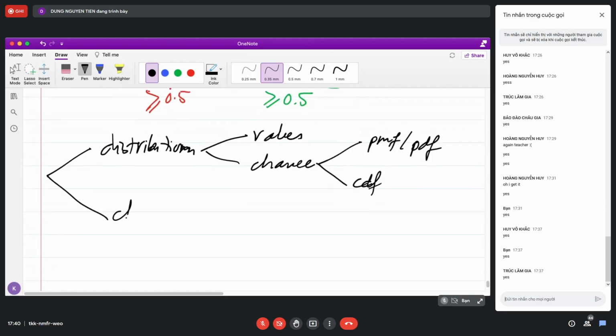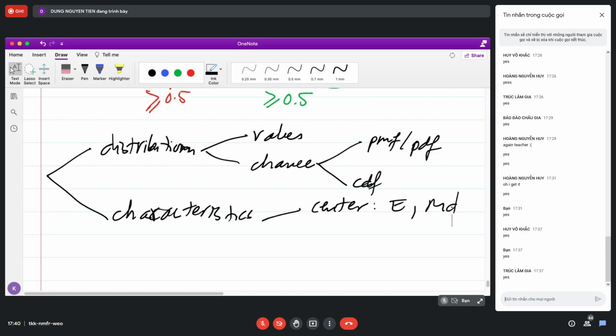And then you want to get some characteristics. For now, we want to learn how to describe the center of the data set, in which you use the mean value, then the median.